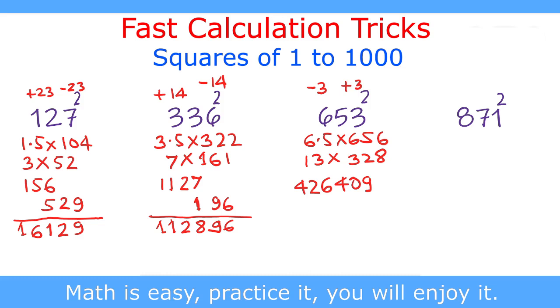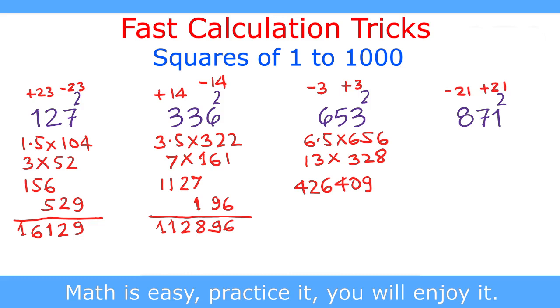We go to the next question. 871 square. To write 871 in terms of 850, we have to subtract 21 and we will add 21 to 871. So we write minus 21 and plus 21. On subtracting 21 from 871, we get 850.